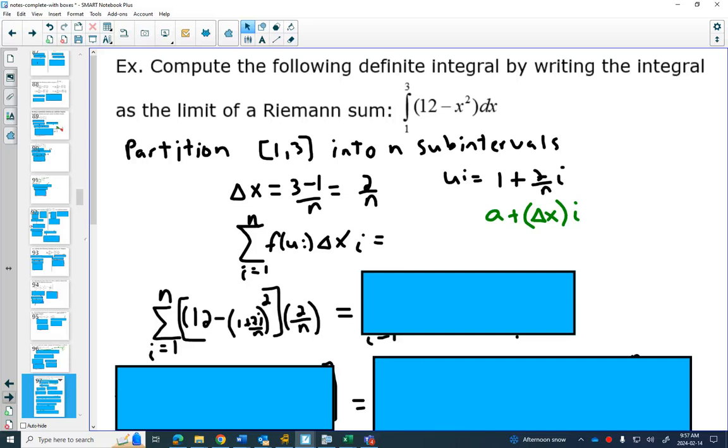Here is the function f, and we're plugging this ui in for x. So we get 12 minus, the ui is 1 plus 2 over n to the i, squared, because that's what would happen if we plugged it into f of x, times by our change in x.